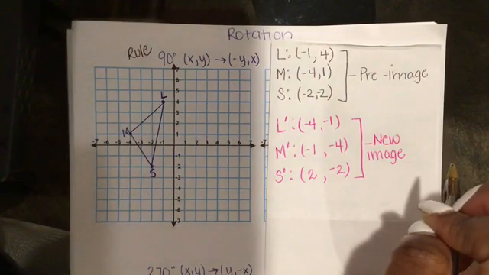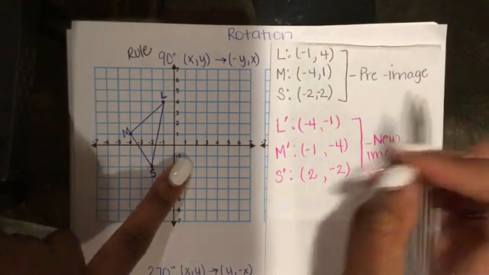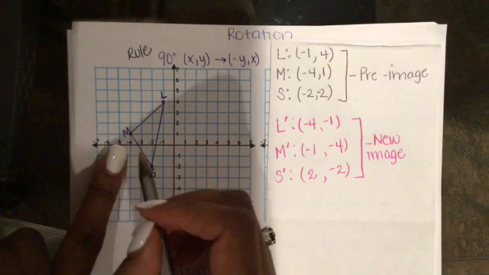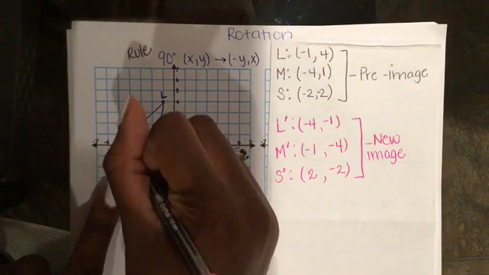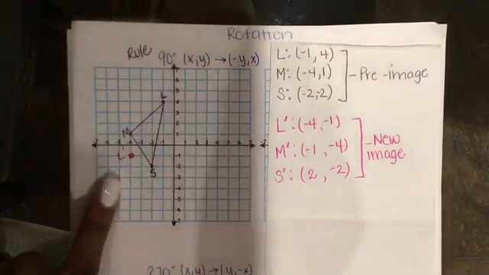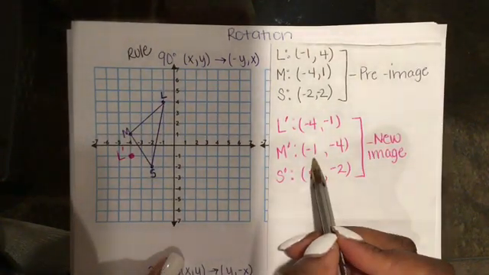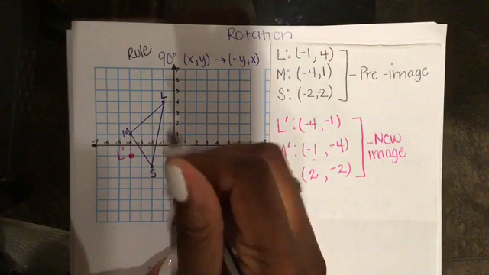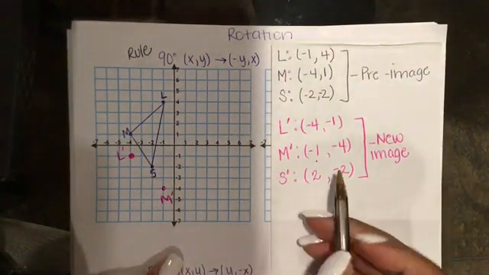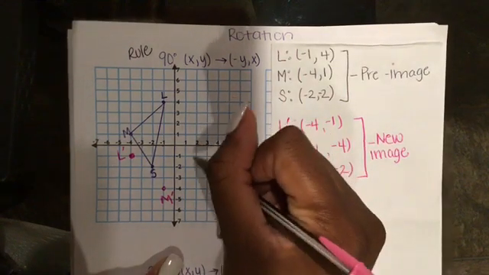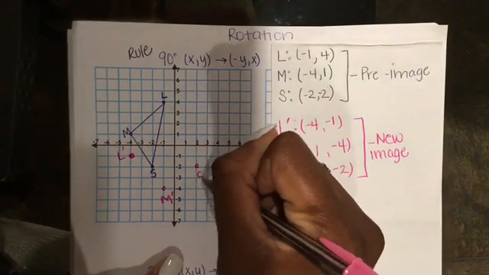And now we're ready to plot it. So we're going to plot L. We go over -4, -1, down. This is L. M, -1, -4. S, 2, -2.